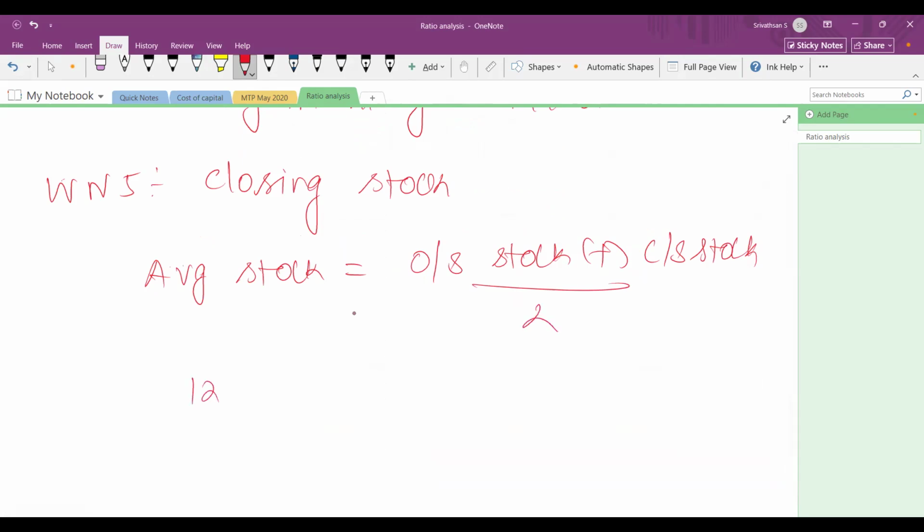So average stock is 12 lakh. Opening stock is given how much? 11 lakh 40,000. You directly tell me the closing stock: 12 lakh 60,000. Did everyone get it? Did you all understand how to do this? Clear?